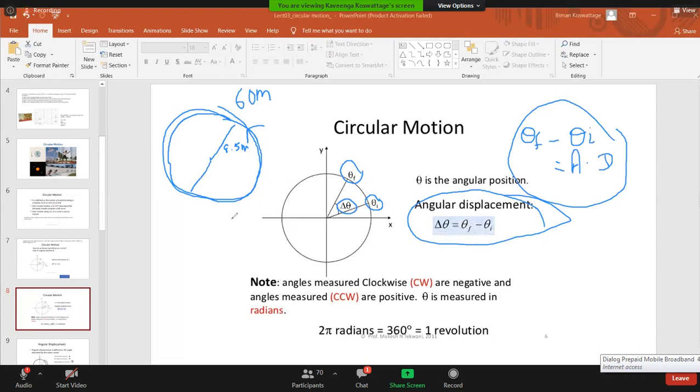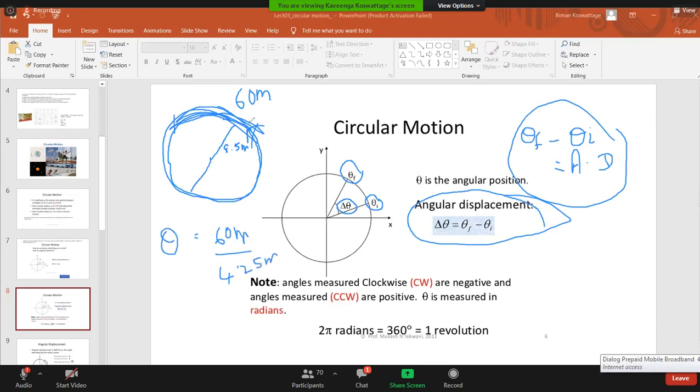So what is the angular displacement? If the person runs 60 meters, you can find it very easily. So this one is very simply 60 meters divided by 4.25 meters.